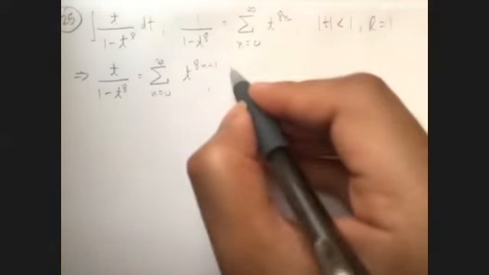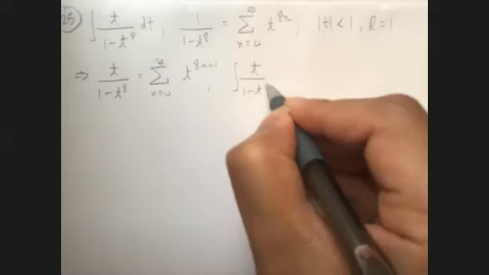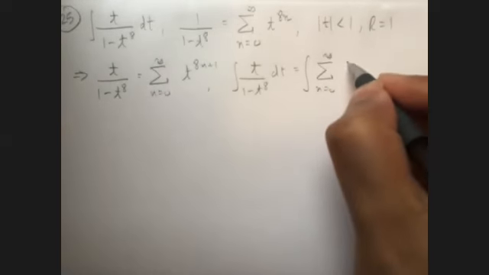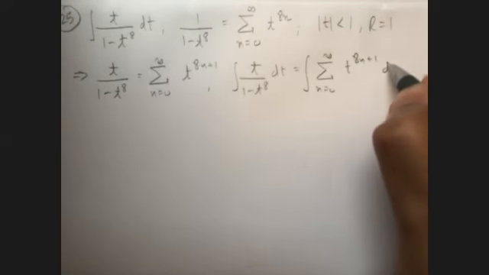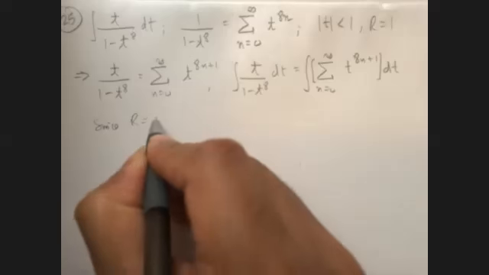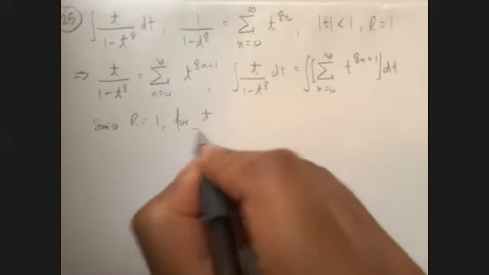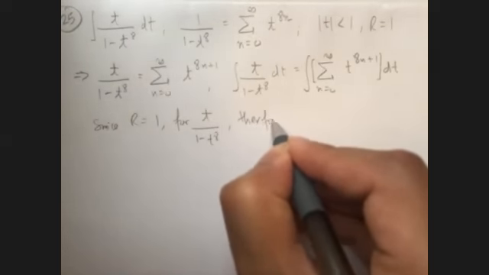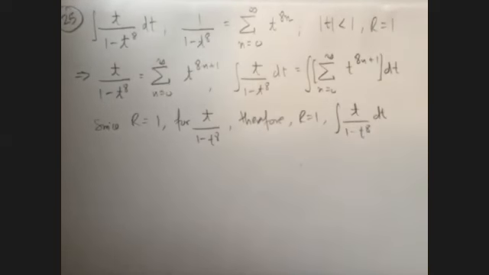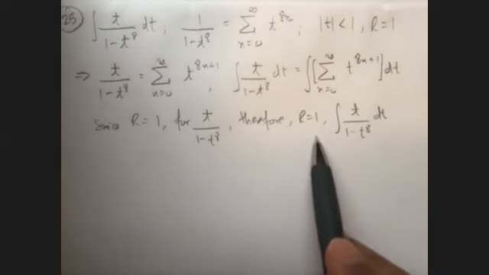So now if we integrate it, first note that since radius of convergence is 1 for the series for 1 over 1 plus t to the 8, therefore R is 1 for the integral as well. So R will always be 1 for this.